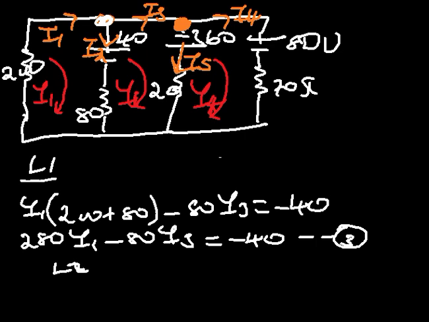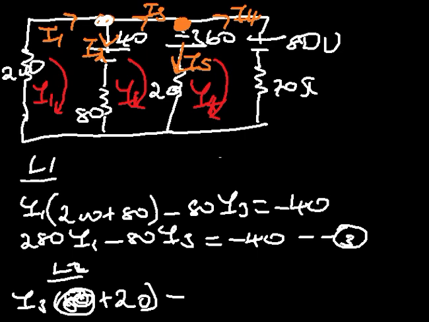In loop 2 we have I3 flowing. In that case we have 80 and a plus 20, and then minus 80 is being traversed by another current, which is 80 times I1, and minus 20 times I3.